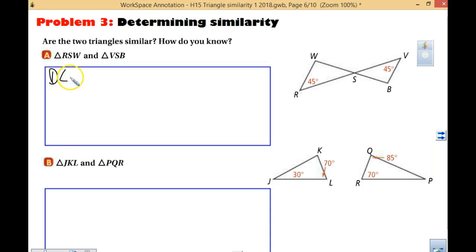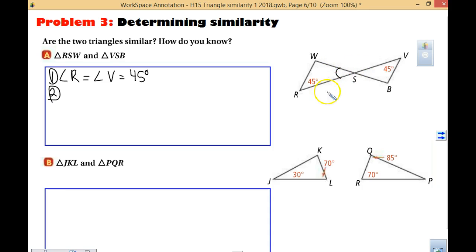We're going to put angle R, please write this now, is equal to angle V, which both equal 45 degrees. The first fact that was given to us is that these two angles are congruent.